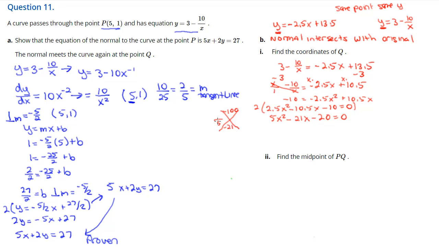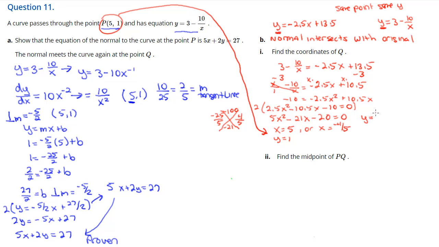I use the x factor to figure out what my x's are. I find out that the x's are going to be 5 and negative 4/5. I already expected one of them to be 5 because that was one of our points that we knew about. That's (5, 1), so that's the y value that goes with 5. I've got to take the negative 4/5 and plug it back into one of the original equations.